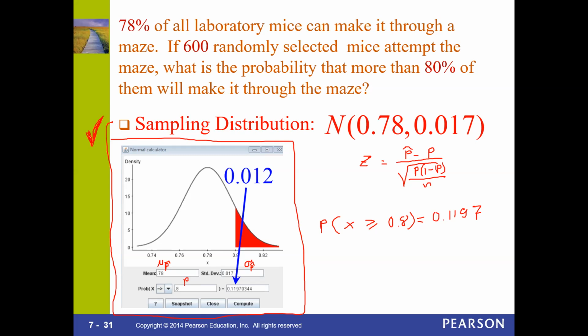Okay, if you remember how to get that, I'm not going to go over it right now. So that means the probability that more than 80% of the 600 will make it through the maze is about 12%. So about 12% will be able to do it.